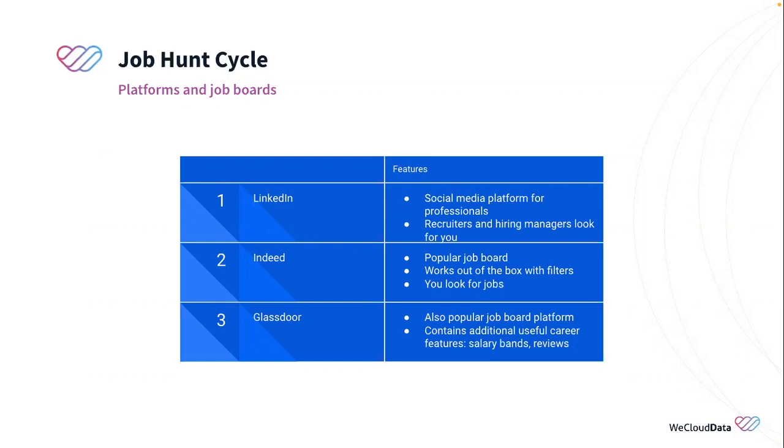Excuse me. For Glassdoor, it's interesting. Glassdoor is also a job board, but it's more than that. The features that it provides almost make it a sort of career scanning platform or service for you, because you can look at salary bands. Some of these stats that I was showing you, a lot of them come from Glassdoor. You go into Glassdoor and look for types of salaries for a certain position, look for reviews about companies, things like that.